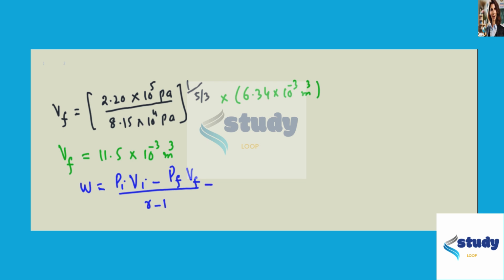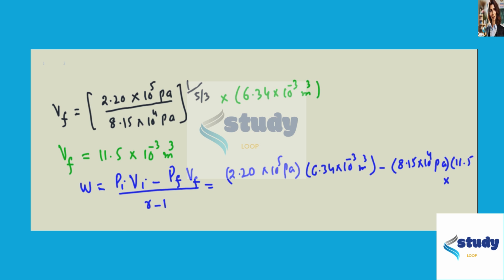Now by plugging different values here, initial pressure is 2.20 times 10 to the power 5 Pascal into initial volume is 6.34 times 10 to the power minus 3 cubic meter, minus final pressure is 8.15 times 10 to the power 4 Pascal into final volume is 11.5 times 10 to the power minus 3 cubic meter, upon gamma minus 1.